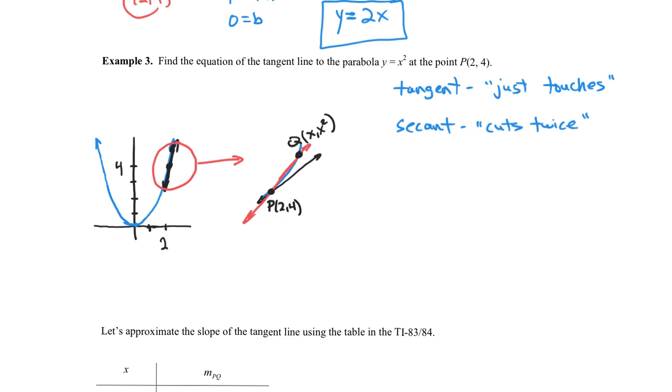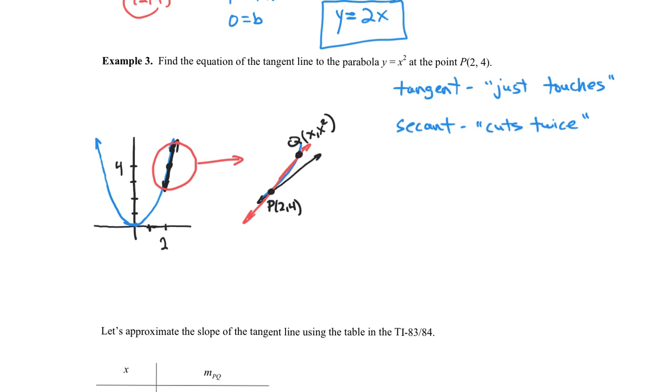So we can see that the slope of this red line is not really what we're looking for. We want the slope of the black line. The black line is a tangent line. It just touches, right? Just touches. The secant line cuts twice. We can find the slope of the secant line if we plug in an x value here. The secant line cuts through y equals x squared twice.